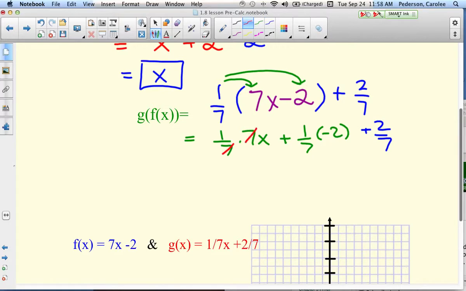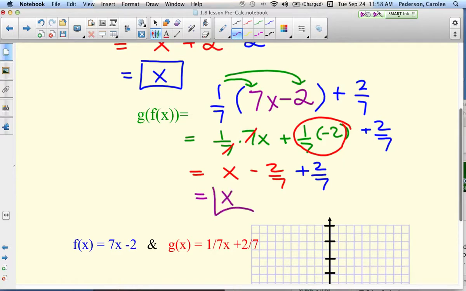The 7's cancel, so we just have x. And then we multiply these two together, we get negative 2/7. And then we have plus 2/7. Negative 2/7 plus 2/7 will cancel, and you're left with x. So now we've shown that both the composites f of g and g of f both equal x.